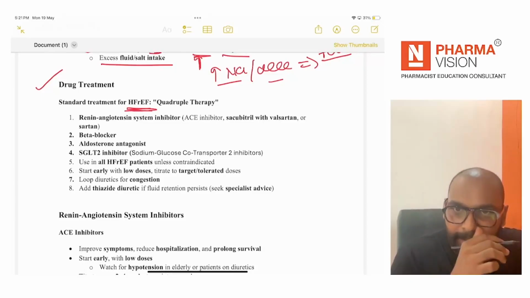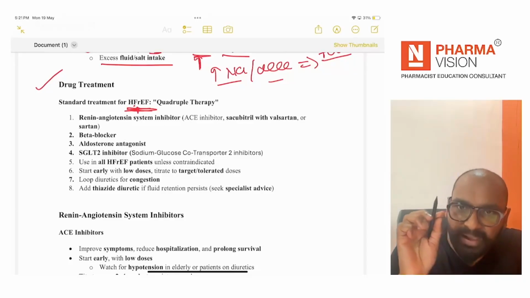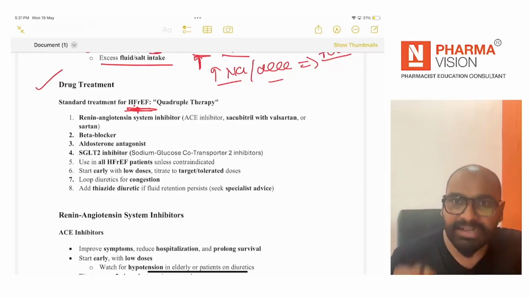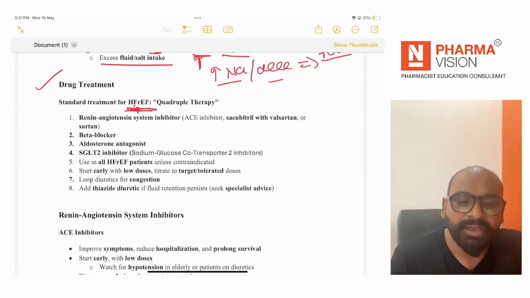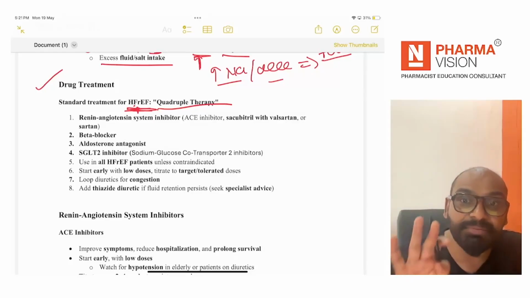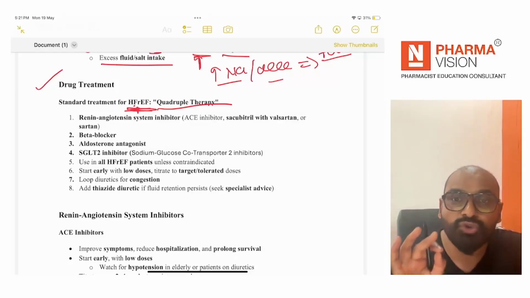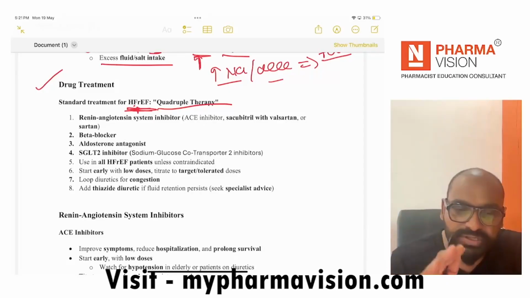A very critical kind of heart failure is heart failure with reduced ejection fraction. In your examination, this is the most important question you have to keep in mind. That's called the quadruple therapy. That means 4 drugs must be started in patients suffering from heart failure with reduced ejection fraction.